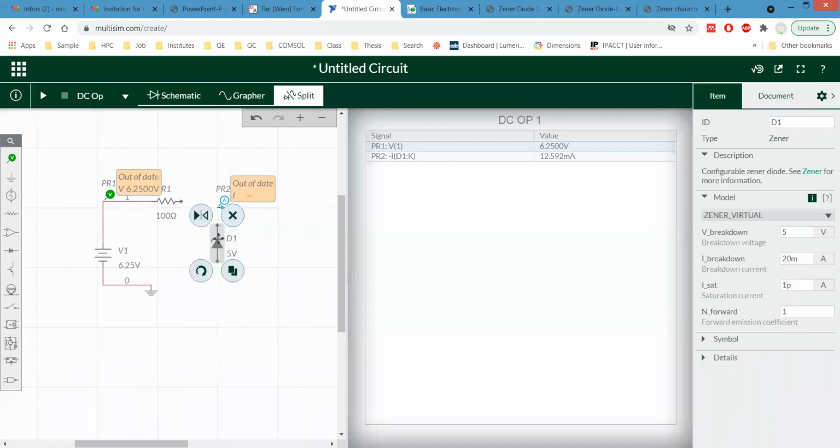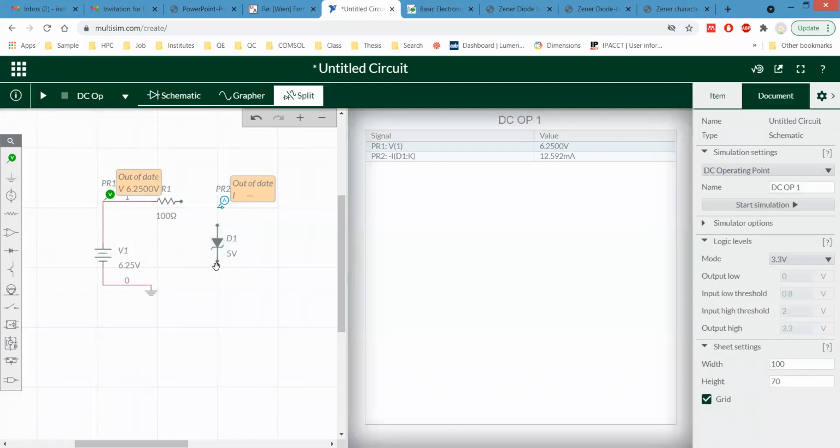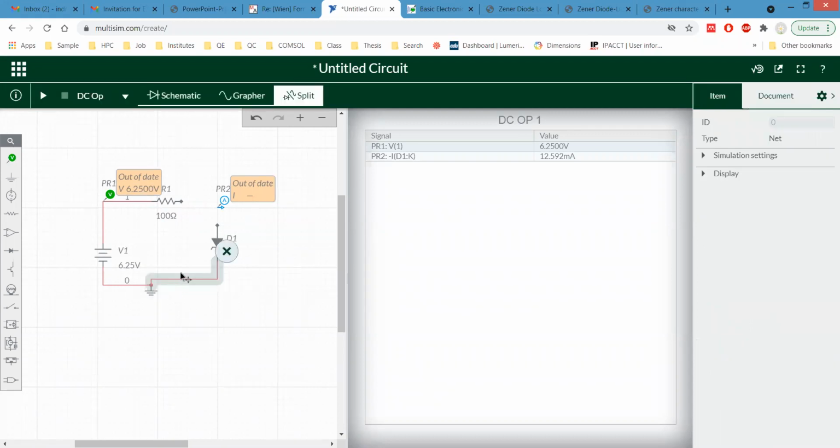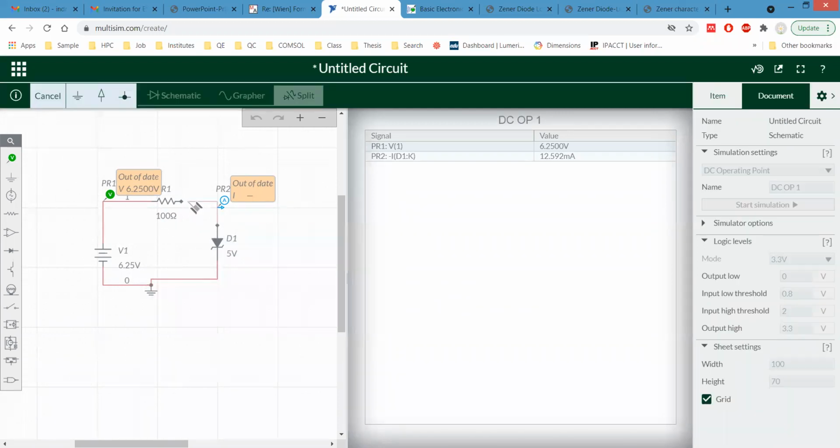After that, we'll draw it together. So for forward bias, we have to make a connection from N side to the negative terminal and P side to the positive terminal. Okay, good.